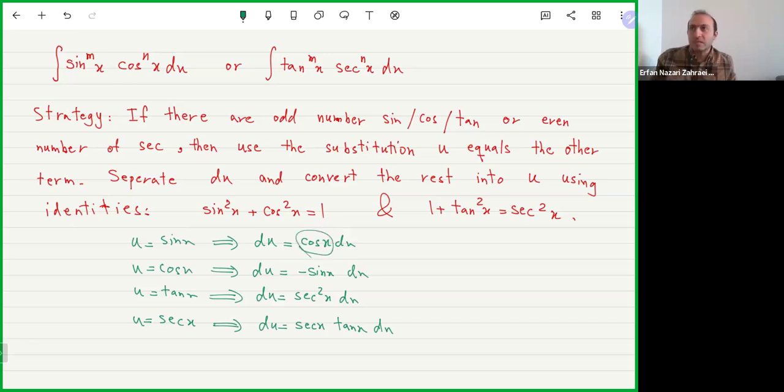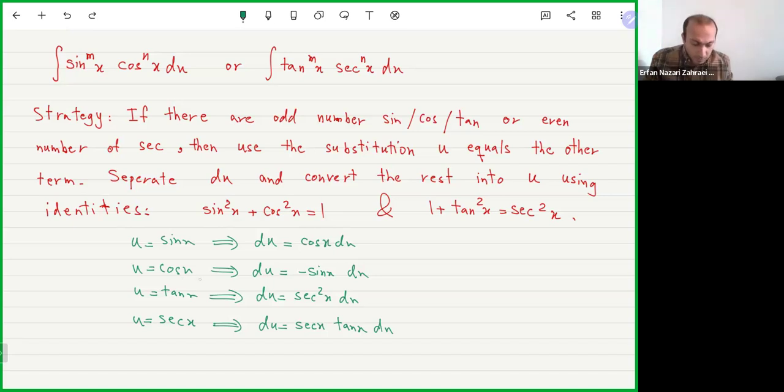But I separated one cosine as well, so in total I need to have an odd number of cosine. Basically the same parity as I see here. This odd number of cosine comes from the substitution u equals sine, because the derivative of sine is cosine, and it has an odd number of cosine in it. So that's why we have an odd number of cosine.